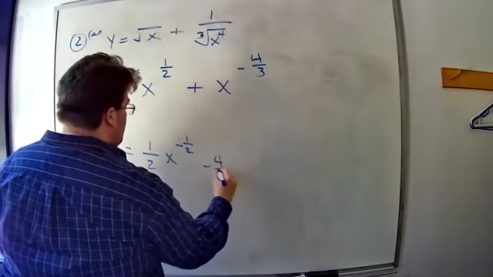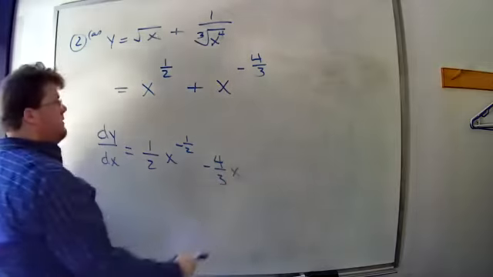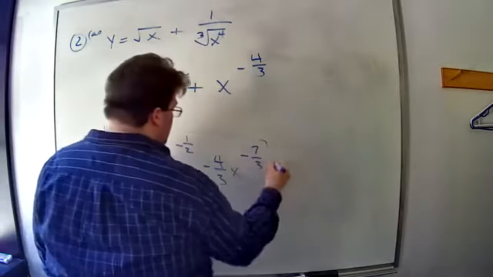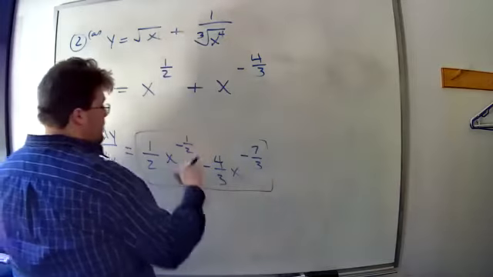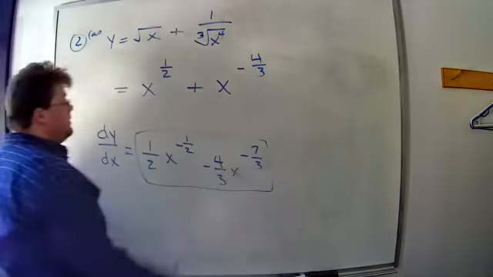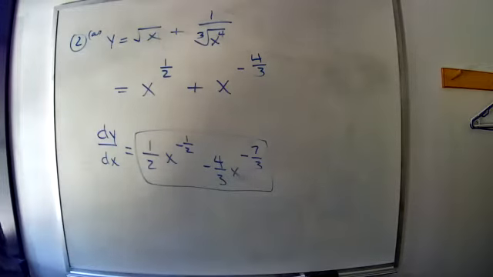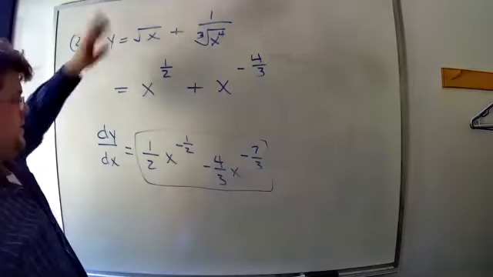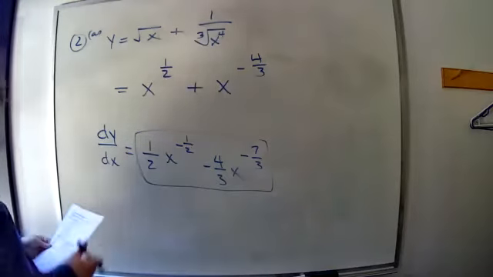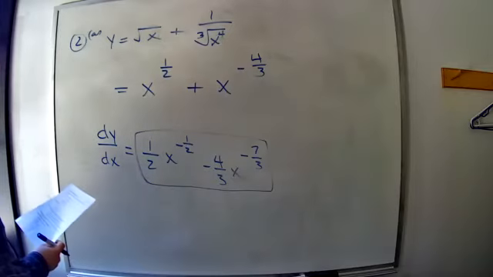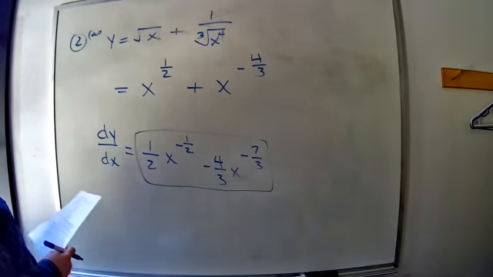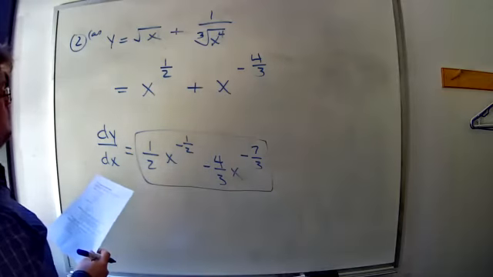Here we have negative 4 thirds x to the negative 4 thirds minus 1. Negative 4 thirds minus 3 more thirds brings you down to negative 7 thirds. And you don't have to write that in a form like that. That's fine. Any questions about that one, 2a?